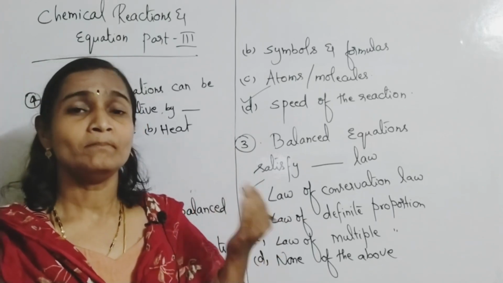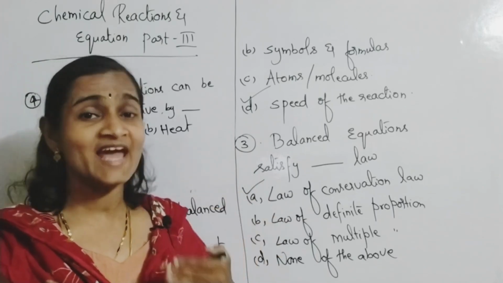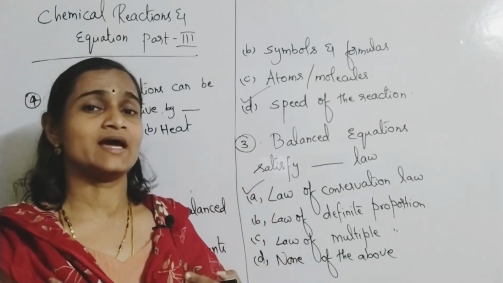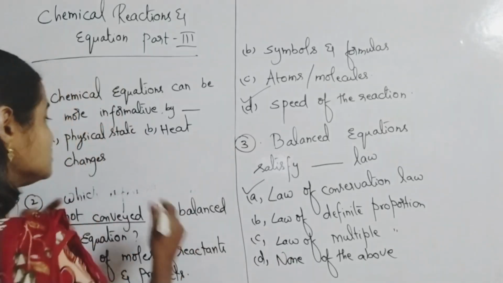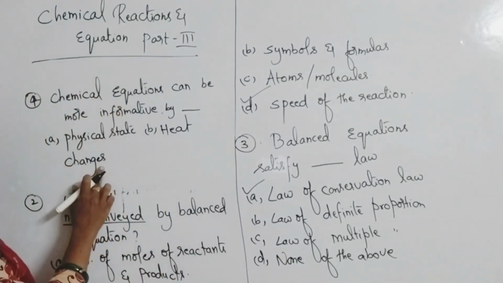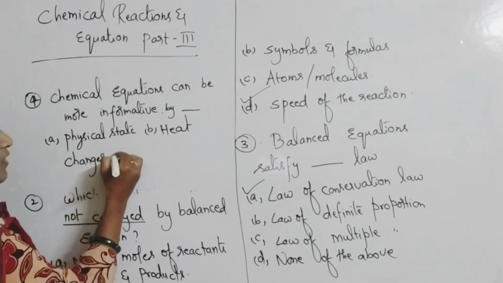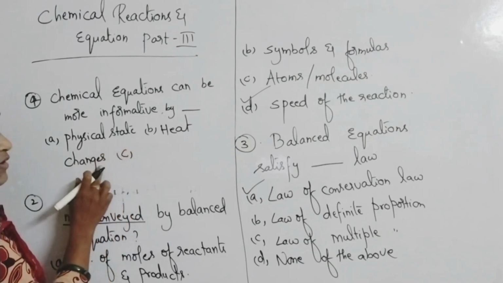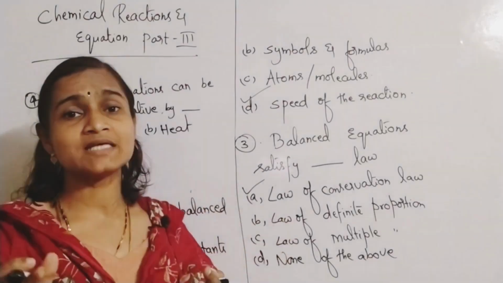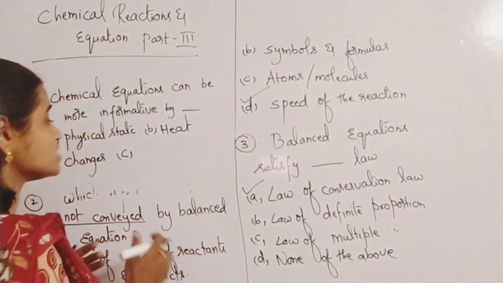If you write plus Q on the reactants side, it indicates that heat energy is absorbed along with the reactants. So that also makes the chemical equation more informative. Whether the equations are exo or endo, we indicate by plus Q in the reactants as well as in the products side. You have to check with it.